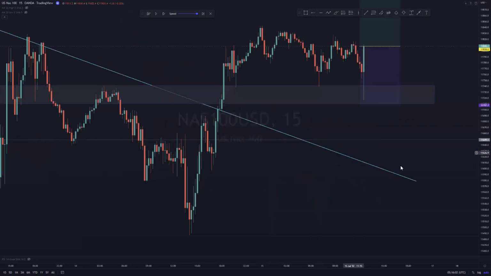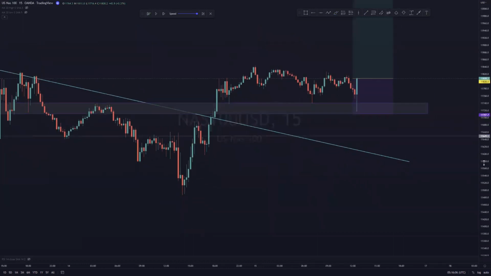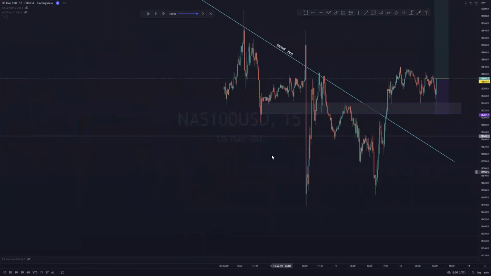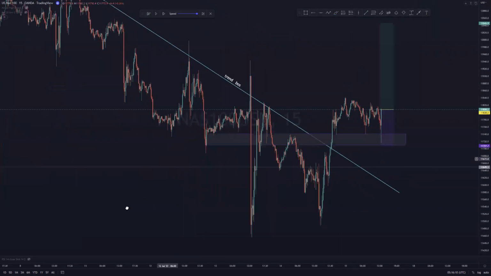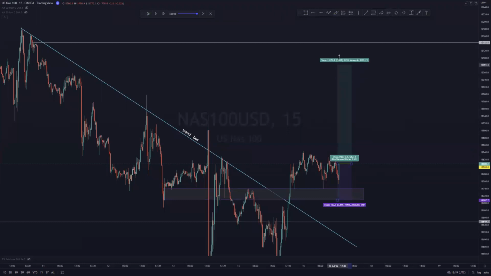Let's see on 15 minutes if we are going to get something better for our TP. Okay, I decided to take buy TP around this area. So it was like 1 to 3 risk to reward ratio.